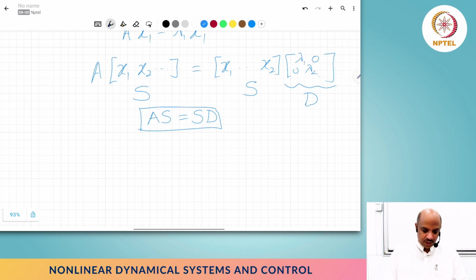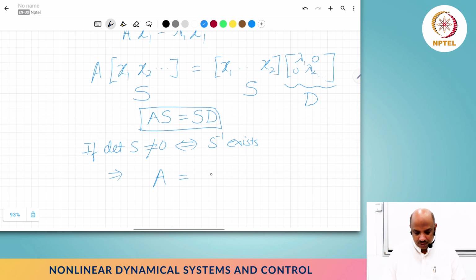What is not guaranteed is the character of S. But suppose we are lucky enough that the determinant of S is non-zero, that means S inverse exists, okay? Then we can say that A equals S D S inverse.